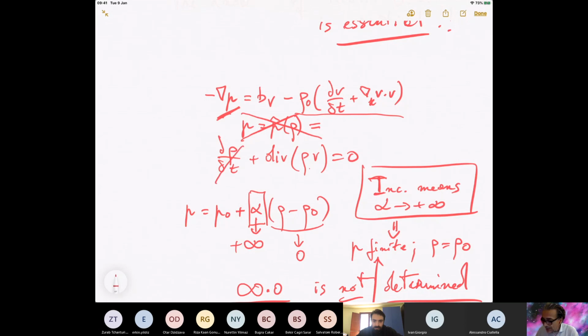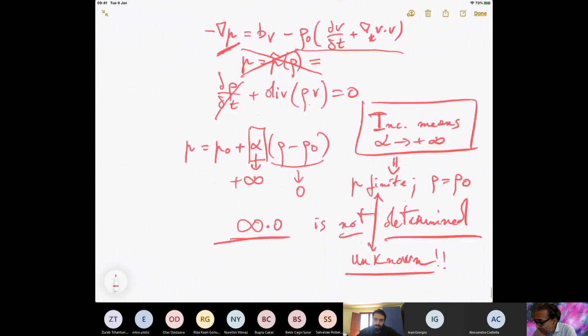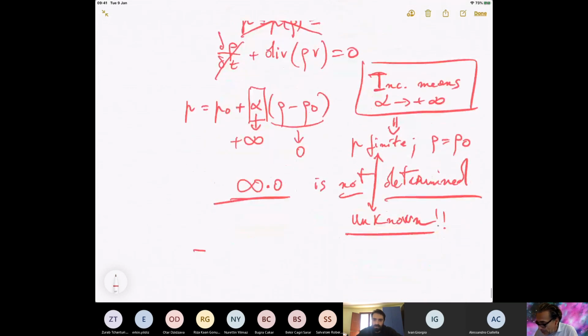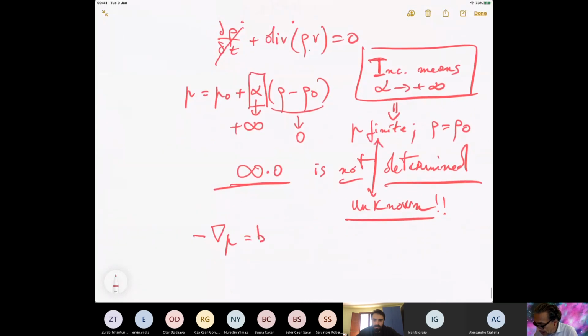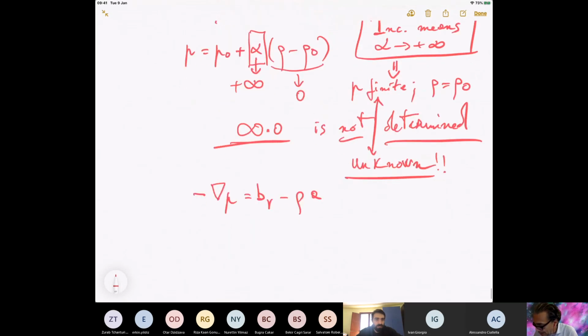Rho is constant, gets out of the divergence, and we are left with minus grad P equal to b minus rho acceleration, and the acceleration we know is given in terms of the velocity, and div velocity equals 0.